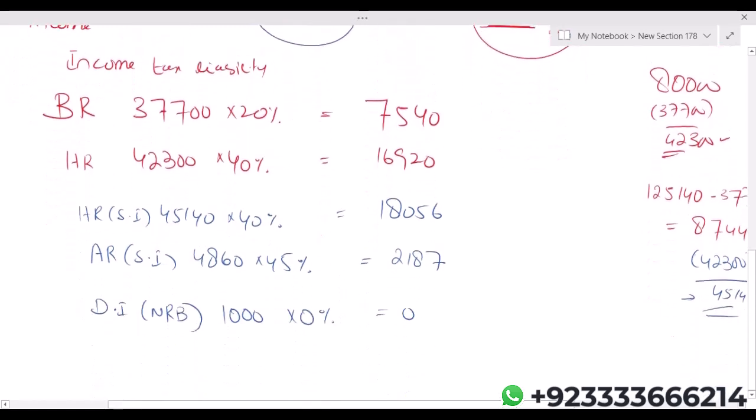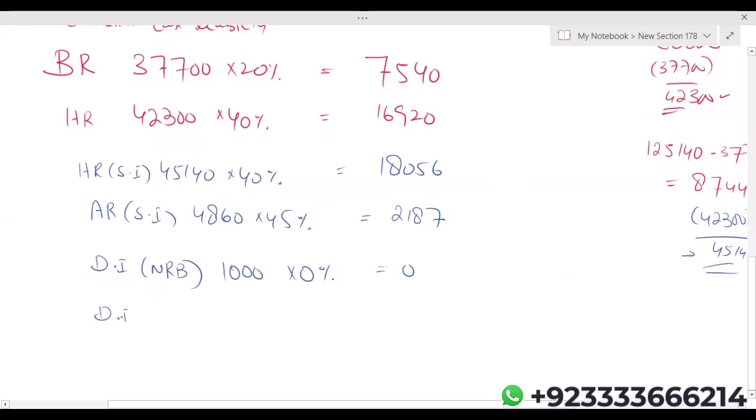The remaining 19,000 from the dividend income falls in additional rate, and the dividend additional rate is 39.35%. 19,000 into 39.35% gives 7,476.5, so make it 7,477.